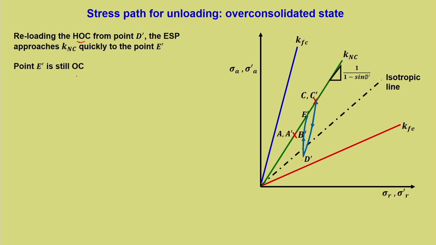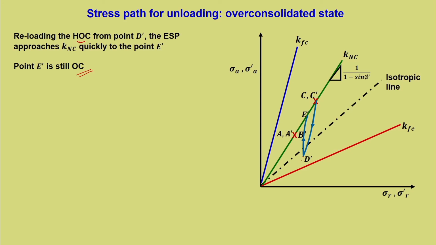So, point E dash is still over consolidated. That means when it reaches E dash, that point is still under over consolidation, even though it has approached the normal consolidated line. But after E dash, when it is subsequently loaded, it will move along the NC line itself. So, that is the only difference.